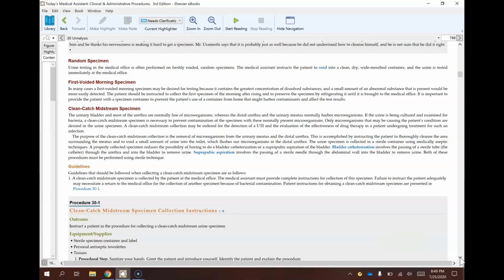The term suprapubic aspiration talks about taking a needle through the patient's stomach wall, abdominal wall, into the bladder to remove urine. Always, catheterization and suprapubic aspiration are done under sterile technique, and you've learned about sterile technique in the medical assistant laboratory.